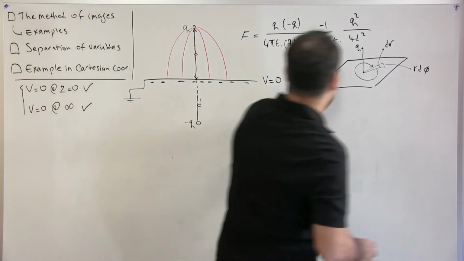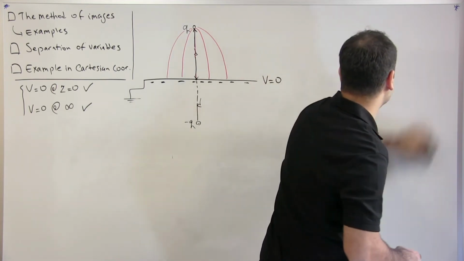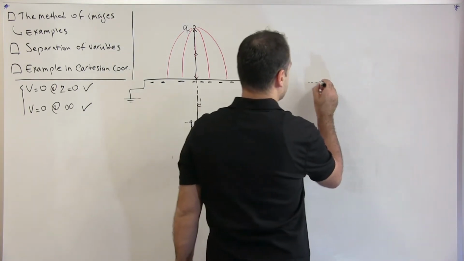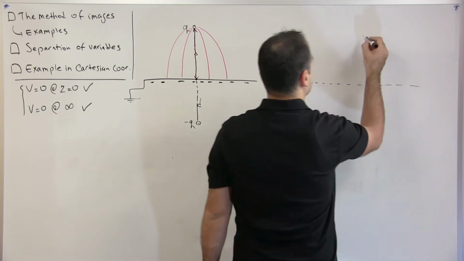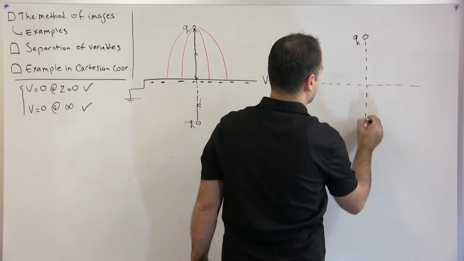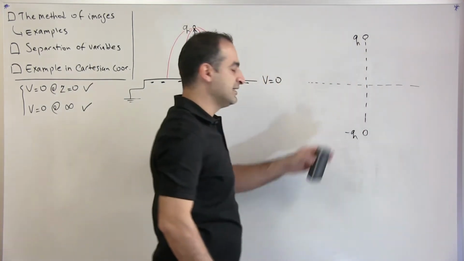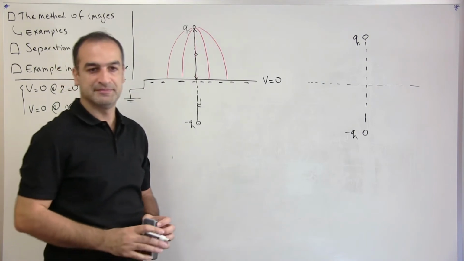So let's look at the energy of 2 point charges separated by distance 2d. Okay, so let's consider this case. You have charge of Q, you have charge of negative Q. What is the energy of this setting?